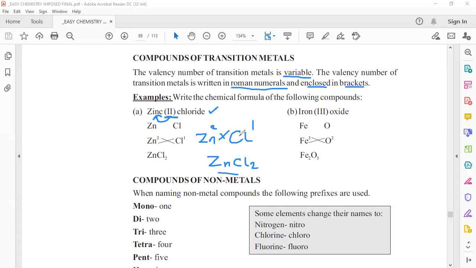Zinc(II) chloride. We have iron(III) oxide, meaning the valence number of iron is 3. So what is iron? Iron is Fe. So Fe, the valence number is 3. Then oxygen, the valence number is 2. So when we interchange, we have Fe2O3.